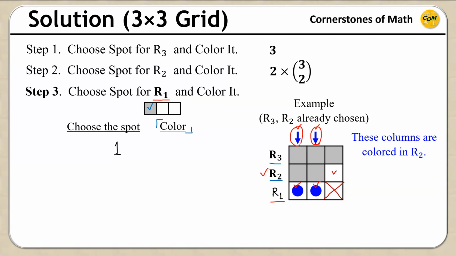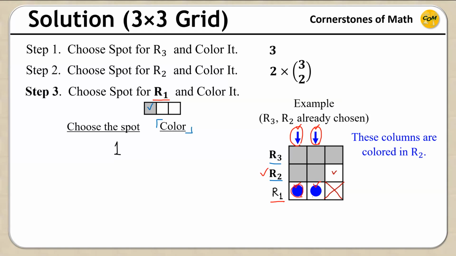Why do we choose the square to color in this way? Well, if we choose to color this crossed square, then the number of colored squares in each column will be 2, 2, and 2. Hence, the grid will not satisfy the given condition that 1, 2, and 3 squares must be colored in these 3 columns.